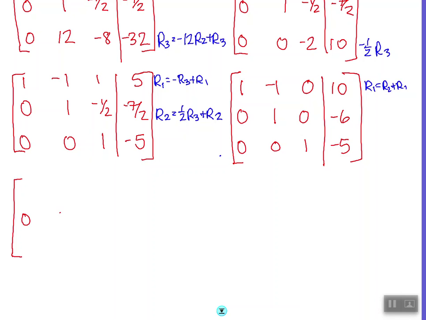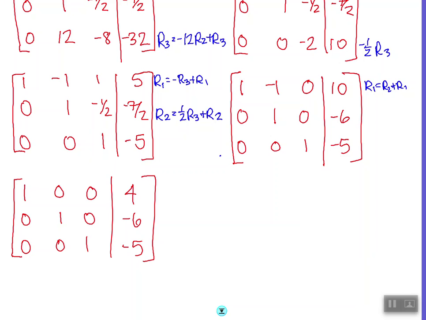So the second and third row stay the same. First row, I'm going to add the second and the first row together. So 0 plus 1 is 1, 1 plus negative 1 is 0, 0 plus 0 is 0, and negative 6 plus 10 is 4.